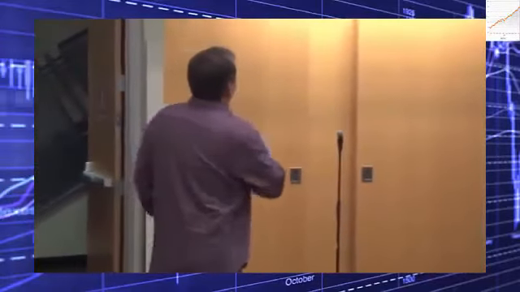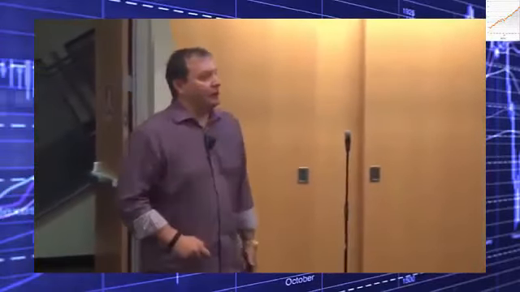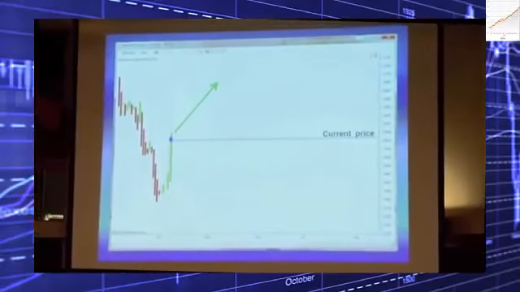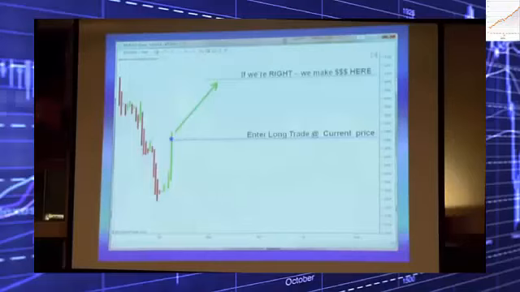Now, let's look at it again. Current price. Let's assume the market's going up. We enter long, right here, at the current price. If we're right, we make money here. That will happen 3 out of 4 times when you properly do your entry setups.